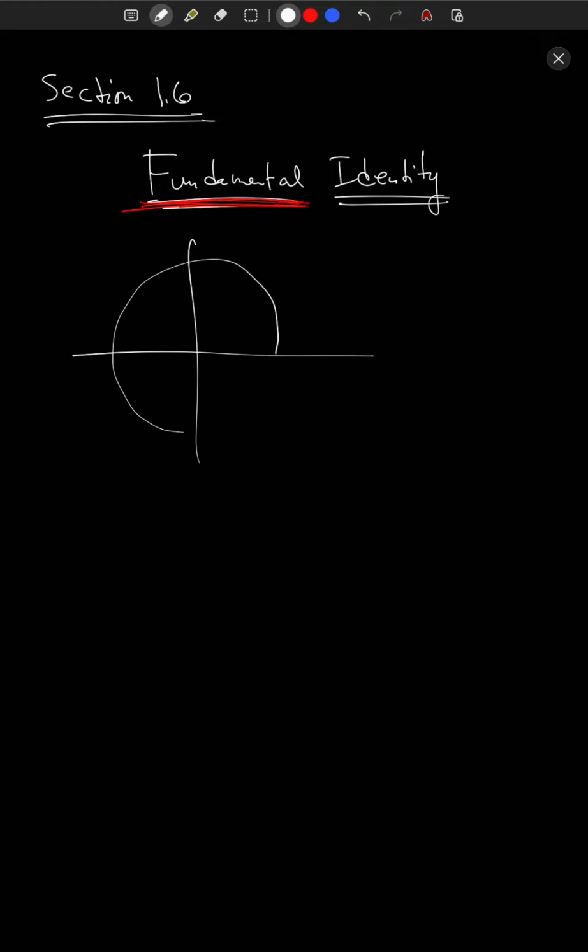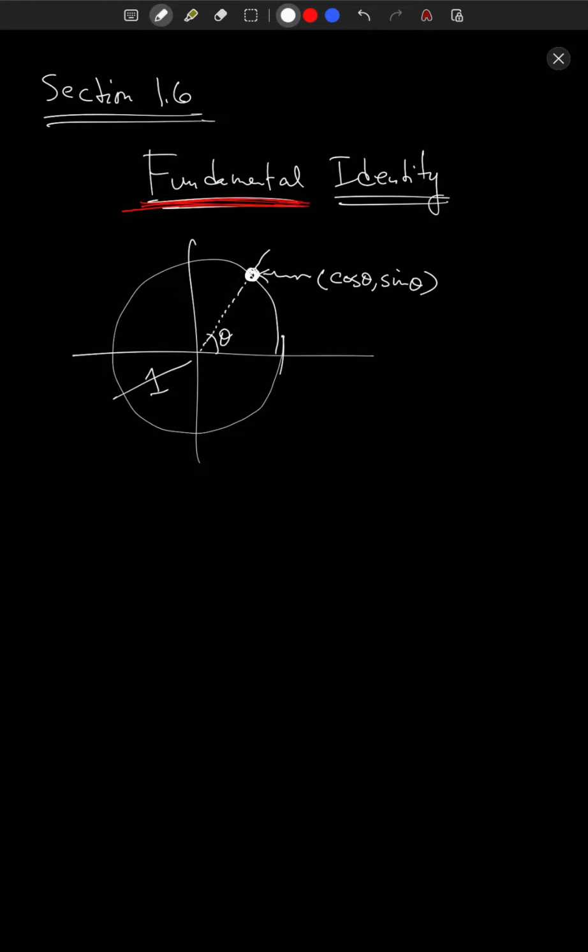So last time we talked about the definition of sine and cosine: if you take a circle of radius 1, and you take a point on the circle, let's say right there, and this angle here is of size theta in radians, it has to be in radians, then the coordinates of that point are cosine theta, sine theta.